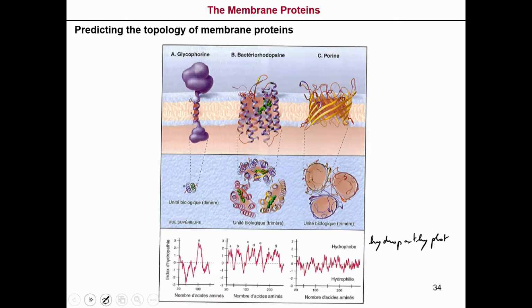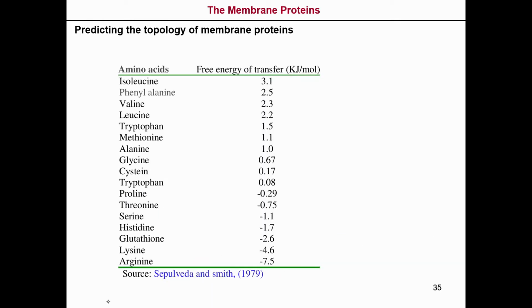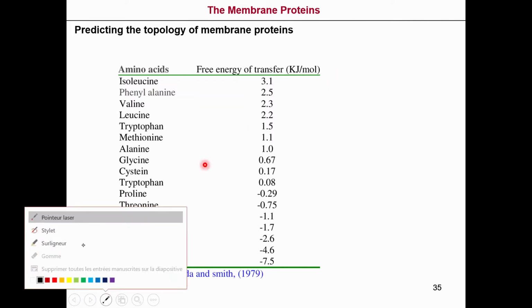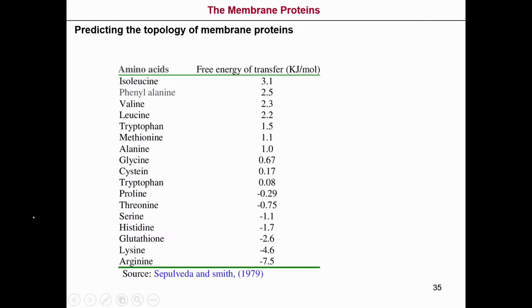Hydropathy plot. So how can we do that? We have the free energy of transfer of each amino acid. It's the delta G of an amino acid in hydrophobic solvent. We measure this delta G, the free energy of this reaction.